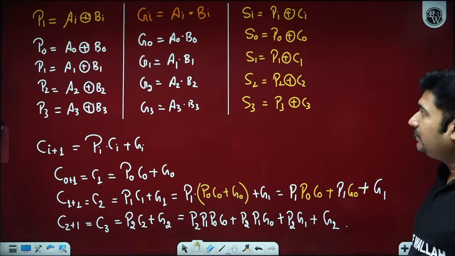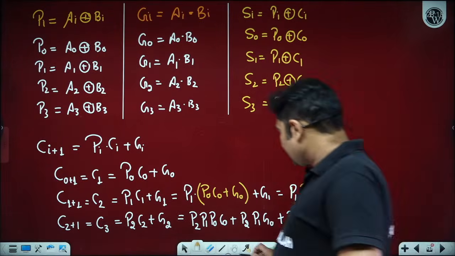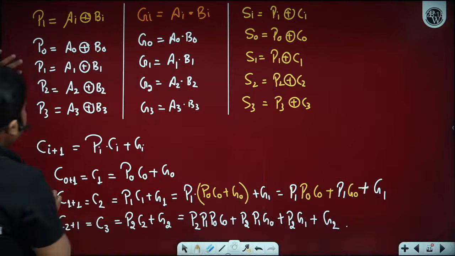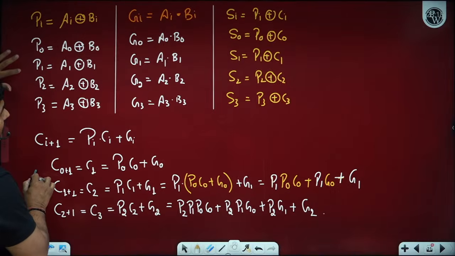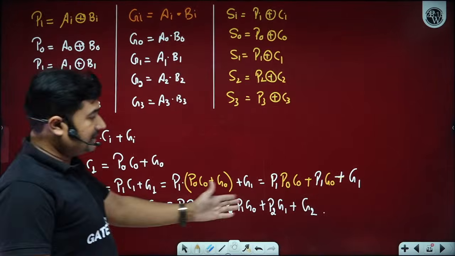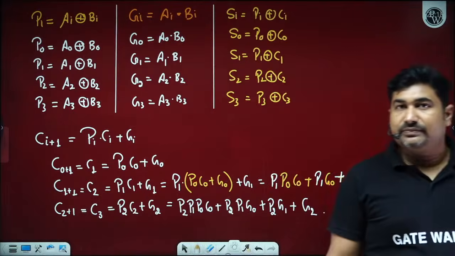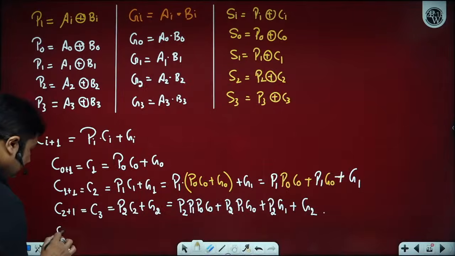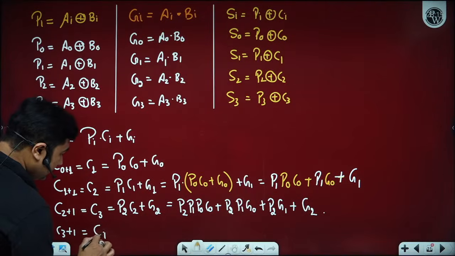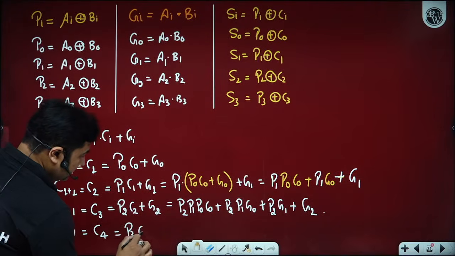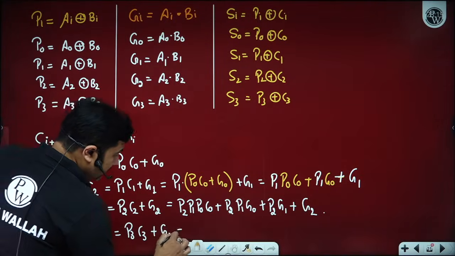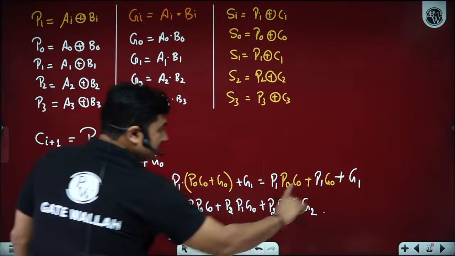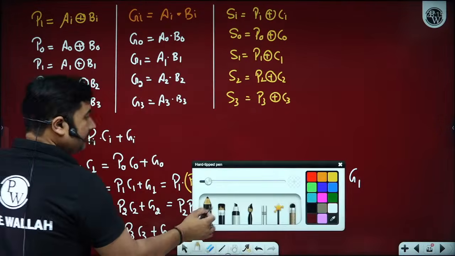How many of you able to understand, beta ji? C3 plus 1, that is C4. We have P3 C3 plus G3, and we can replace this C3 with this entire content. Is it okay? Yes, sir.